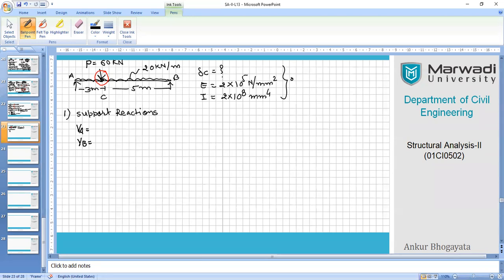Usually we take moment at point A. So let's take moment of all the forces about point A. The first moment will be, I'm just writing here for your guidance, P into 3, that is a force, and minus 20 into 8, that is total span, into 4, plus total span into reaction at point B, so VB into 8 equals to 0. So this will give you the value of VB first of all.